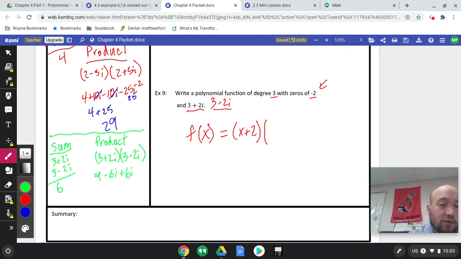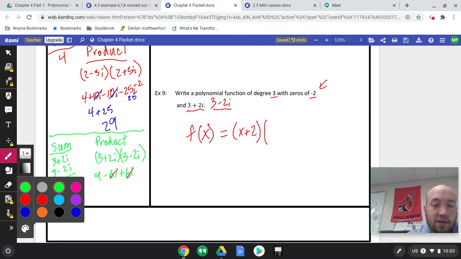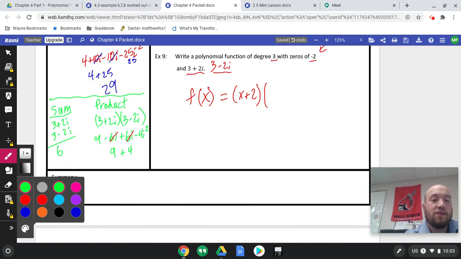Once again, they'll cancel, which is what they should do. And then the final one is minus 4i squared. So that will give us 9 plus 4 because negative 4 times i squared, which is negative 1. And that results in 13.